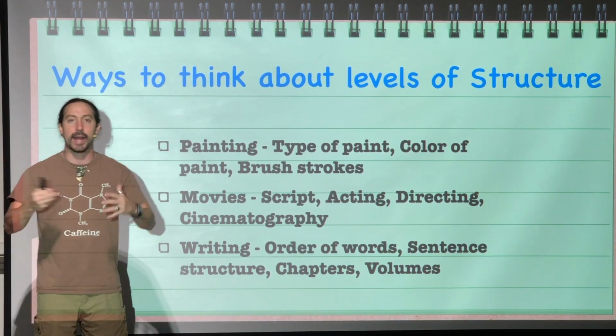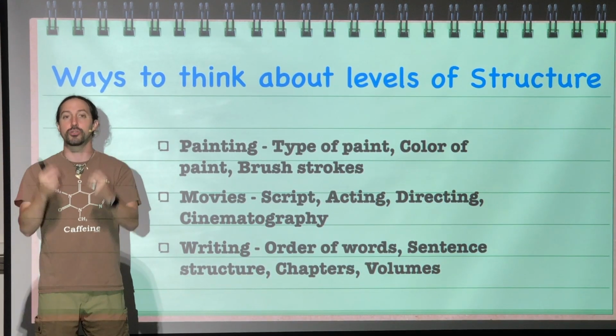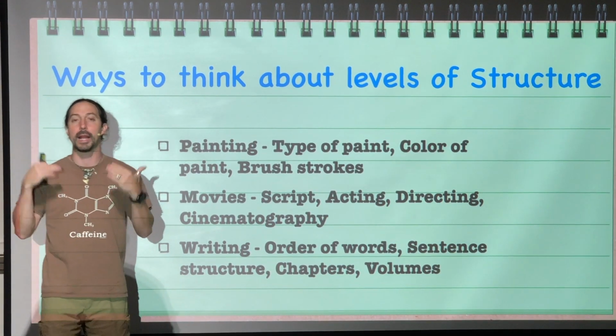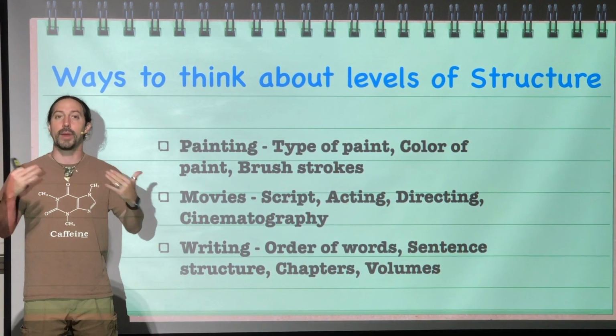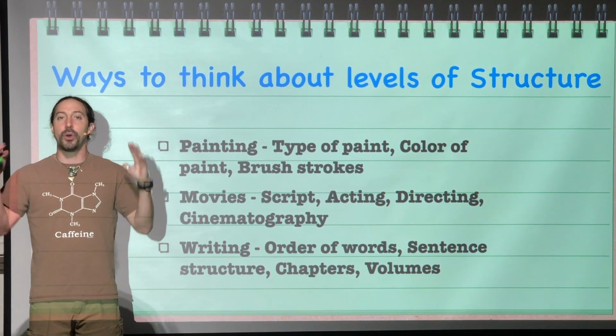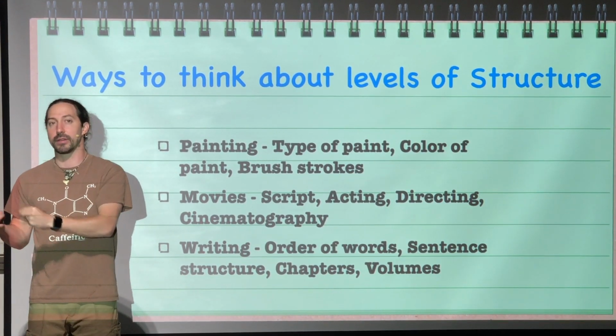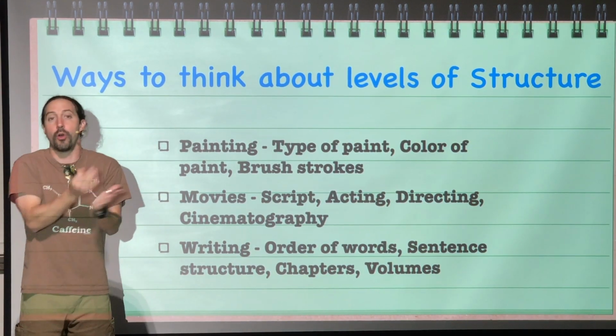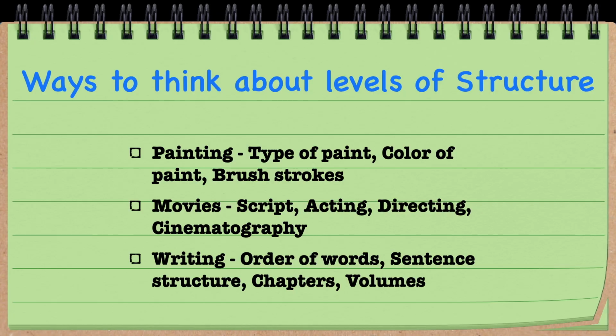Those are different levels of structure for each of these different pieces of art. Polypeptides also have levels of structure that build upon each other, and they don't exist in the absence of each other, but we can focus on one level of structure over a different level.